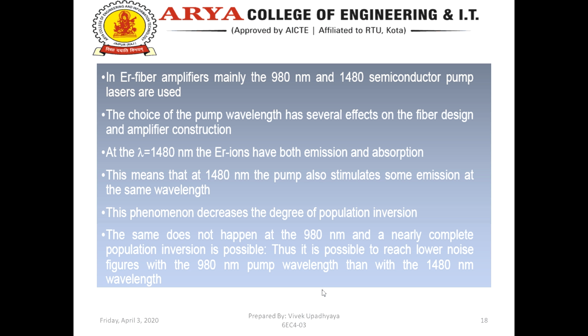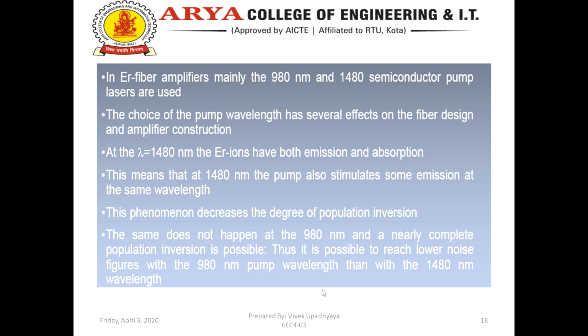In the erbium fiber amplifier, mainly 980 nanometer or 1480 nanometer semiconductor pump lasers are used. The choice of the pump wavelength has several effects on the fiber design and the amplifier construction. At lambda equal to 1482 nanometer, the erbium ions have both emission and absorption.